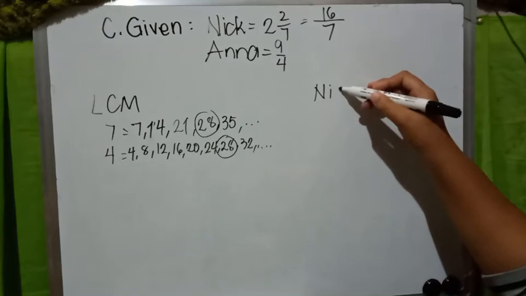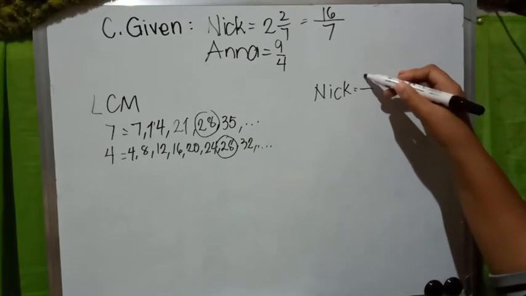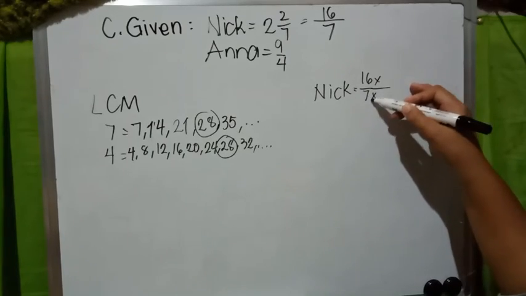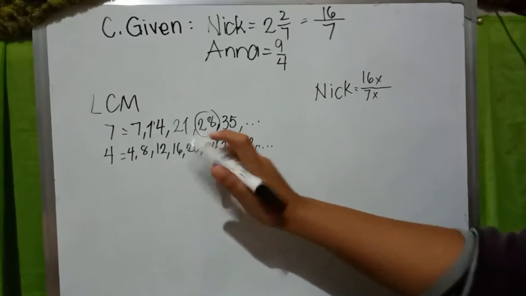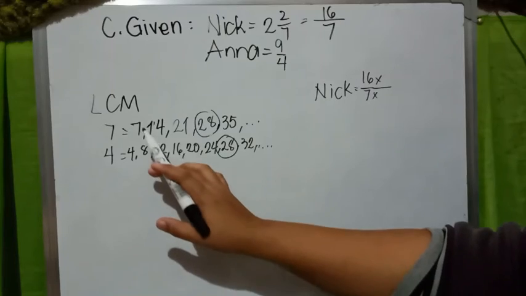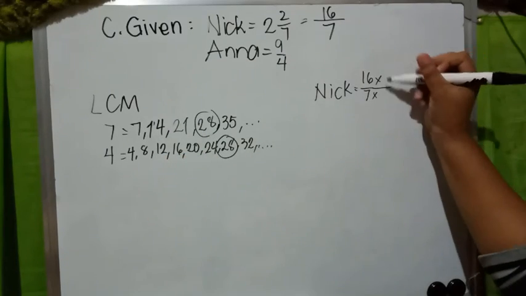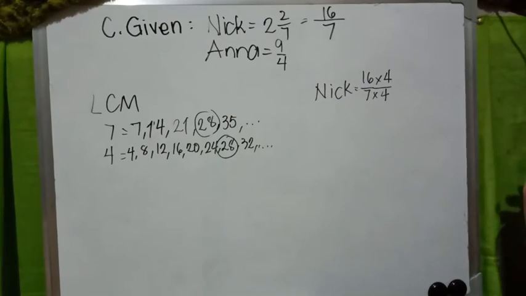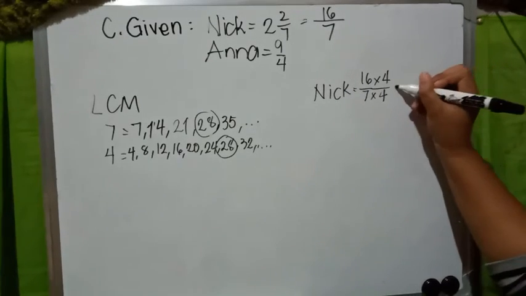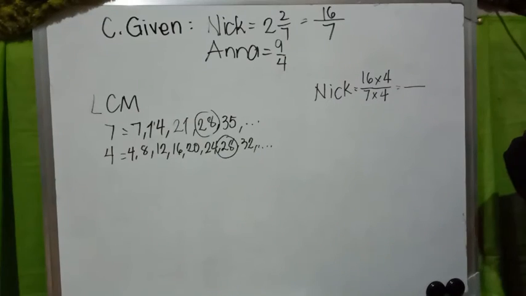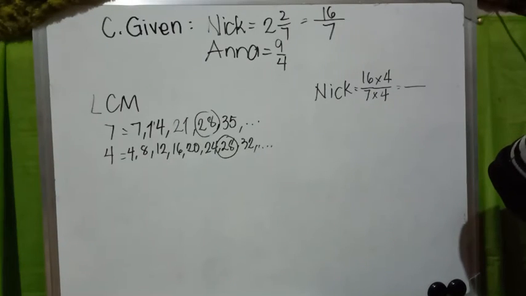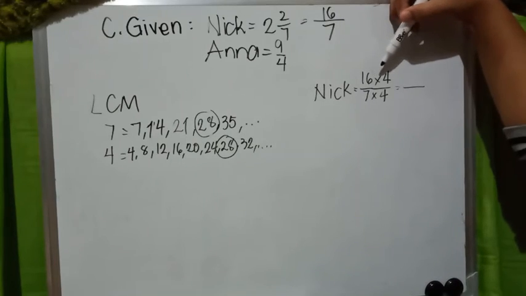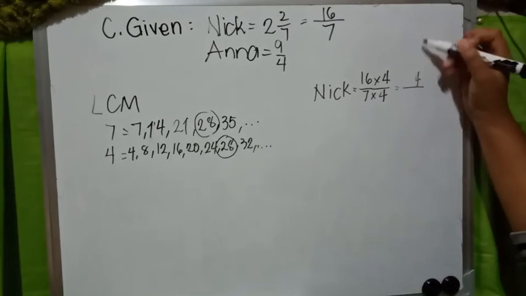So let's have first Nick, which is 16/7. We need to multiply it by how many? Let's count until we reach 28. 1, 2, 3, 4. So we need to multiply both numerator and denominator by 4. 16 times 4, how many? You need to do the manual. 4 times 6, that is 24.